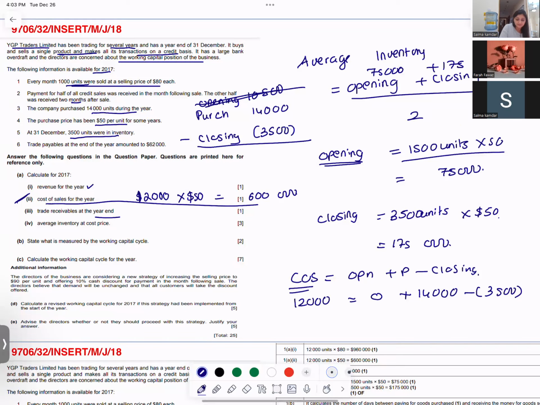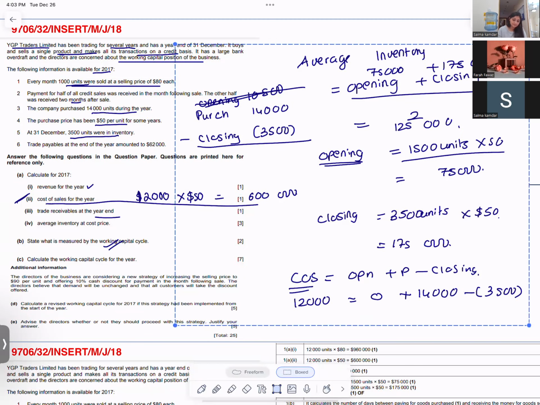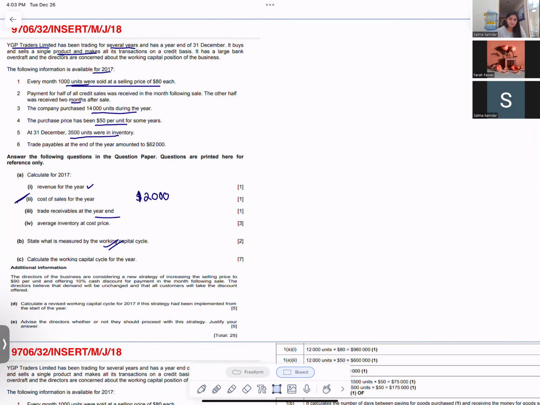So average inventory will become 75,000 plus 175,000 divided by 2, which is 125,000. Okay. Can you tell me what is measured by the working capital cycle? It calculates the number of days it takes to pay for the goods purchased and the number of days it takes to receive the money for the goods that have been sold.